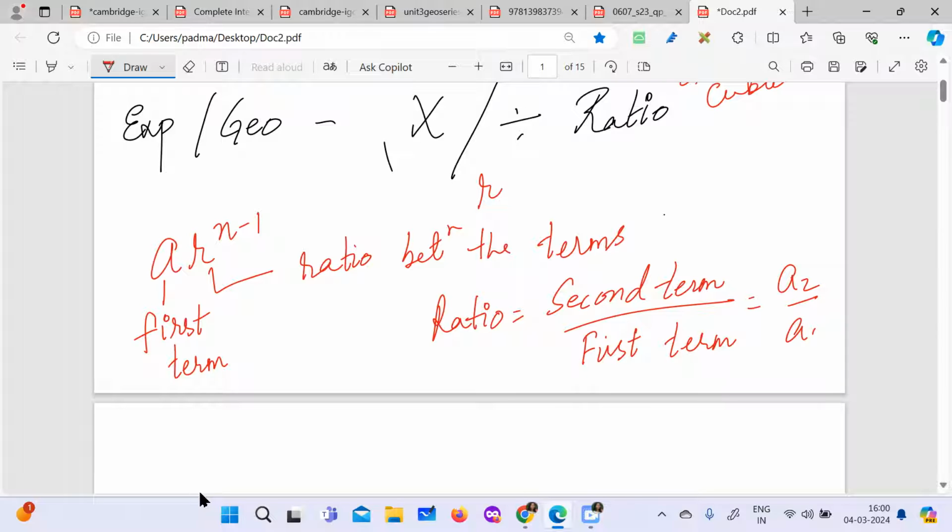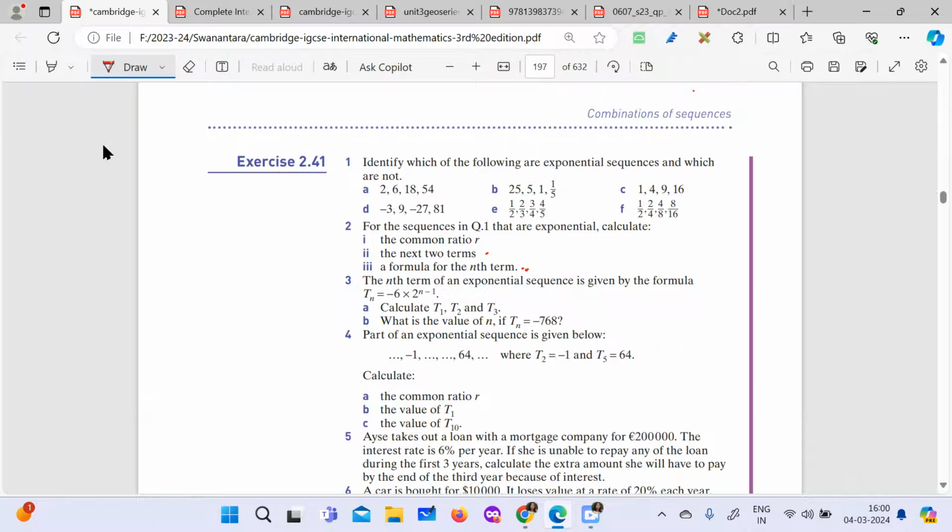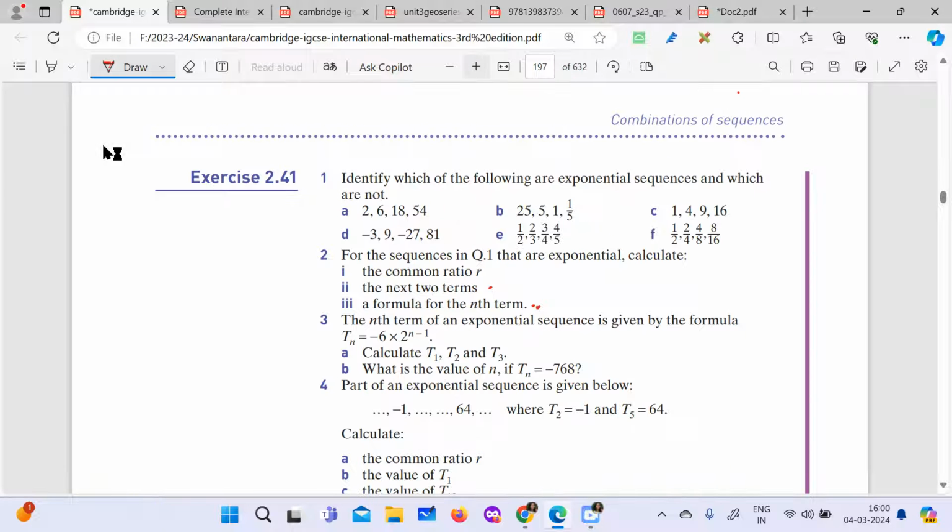You can check the whole sequence by putting the third term upon the second term, the fourth term upon the third term, like that, finding the ratio.